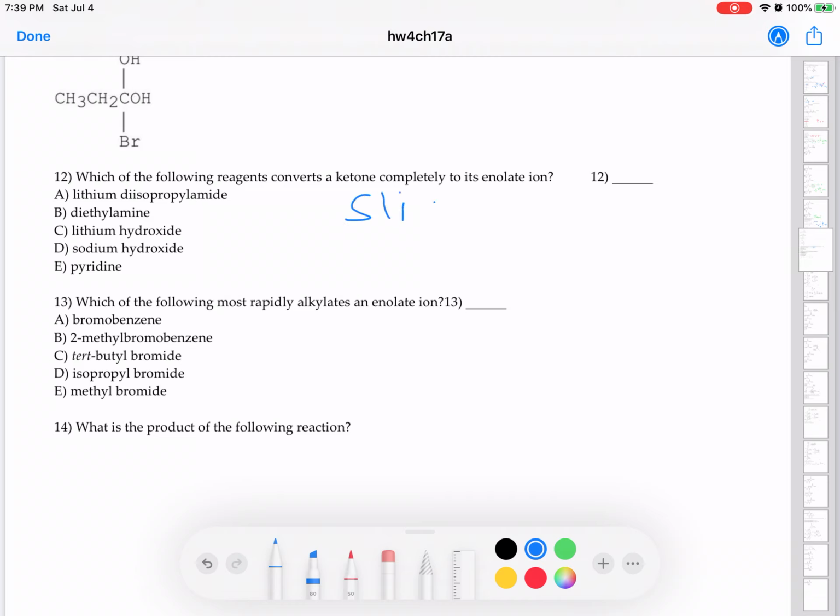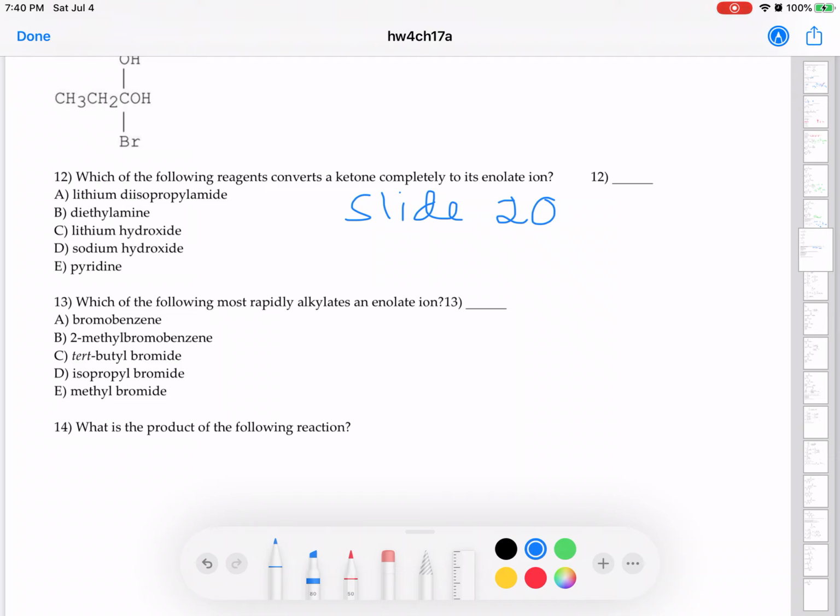We talk about this concept, and with the hydroxide it only gives less than 0.1% because the pKa of water is 15.7, whereas the pKa of the ketone is around 17. Whereas with lithium diisopropylamide, the resulting diisopropylamine has a pKa of 35, meaning it is a weaker acid compared to the starting ketone.